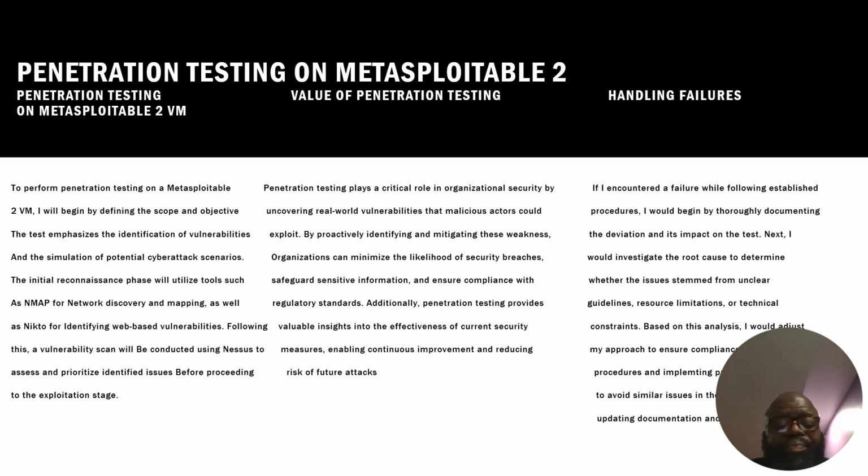Handling failures. If I encountered a failure while following an established procedure, I would begin by thoroughly documenting the deviation and its impact on the test.